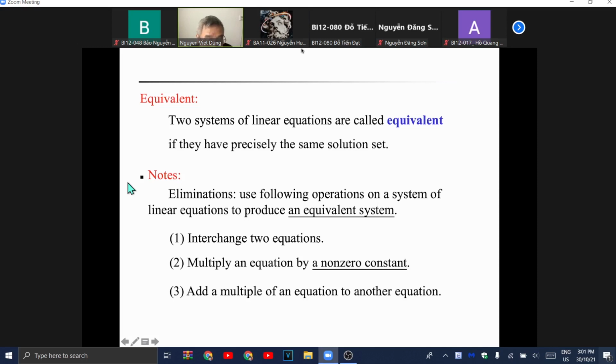And we can multiply an equation by any number and then add it to another equation. If we apply those operations on any equation in the system, we get a new system which is equivalent to the first one. So we apply those operations to change our system into a new system which is easier for us to solve.